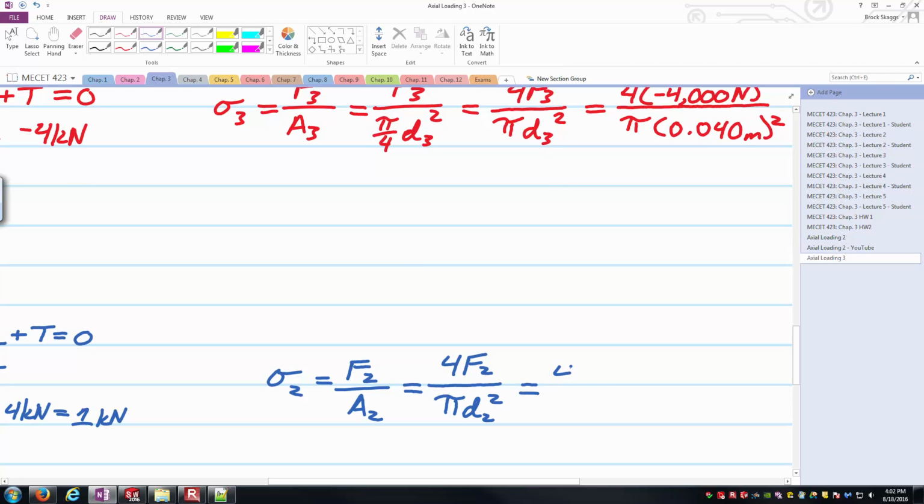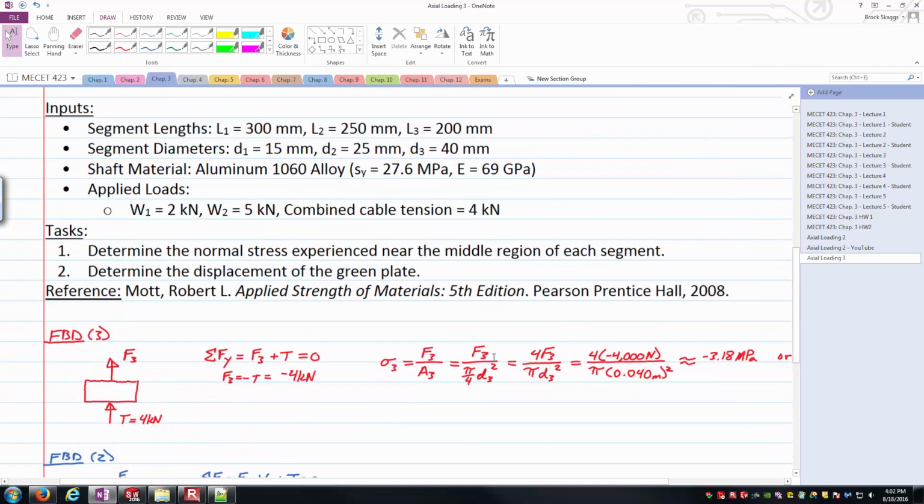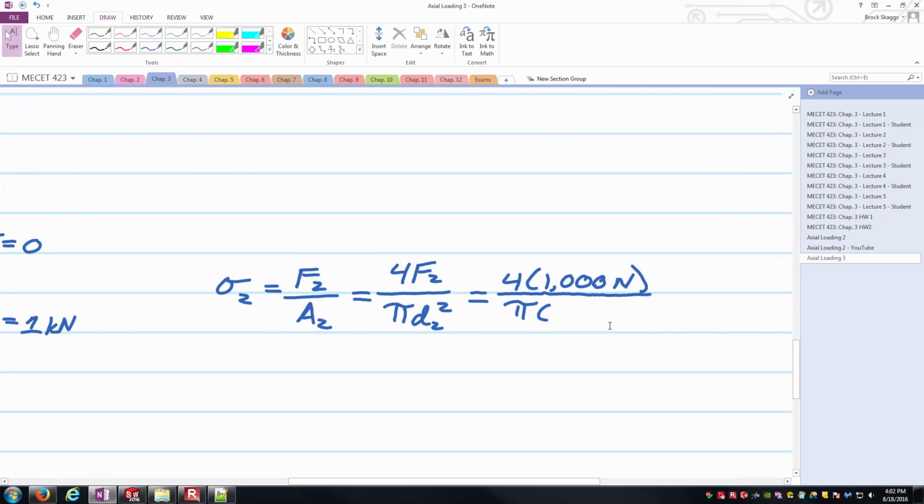And then I'll just substitute the values. 4 times, again, we'll get back to base units here, so that's 1,000 newtons for the 1 kilonewton, divided by pi times the diameter, and the diameter here was 25 millimeters, so divided by 0.025 meters squared there.